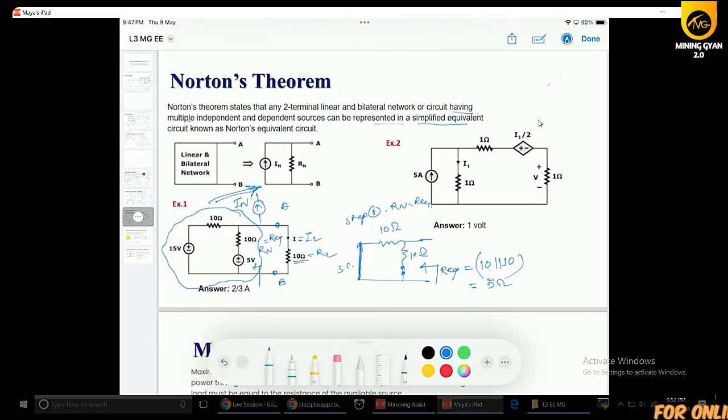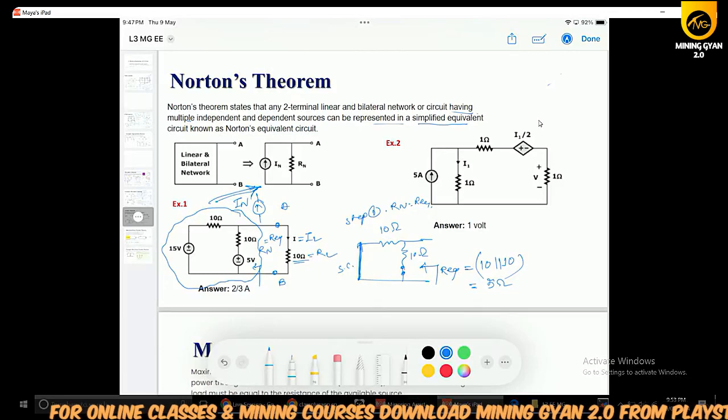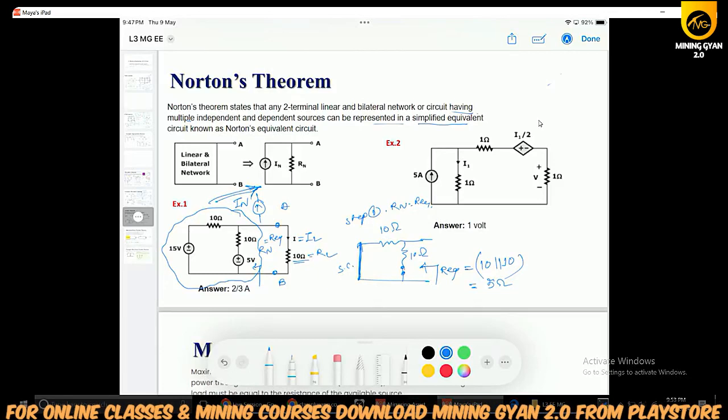Likewise, you can calculate IN, the total current that is flowing through the given linear circuit. After removing your load resistance, you can calculate the total current IN. If these are the terminals A and B, and this is your load resistance, then you can calculate your IN by considering this circuit, 5 ampere, 1 ohm.